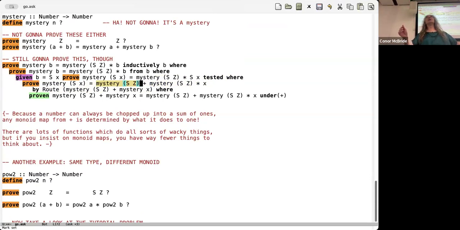What I'm saying is that the thing on the left is a function, and the thing on the right is its input. And the whole thing means whatever comes out. So mystery one means whatever comes out of mystery when you put one in. Is that making sense?